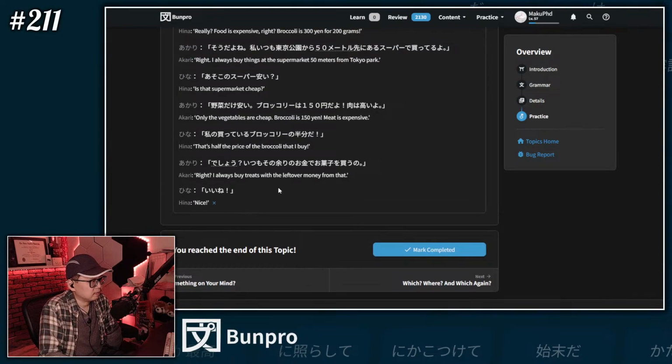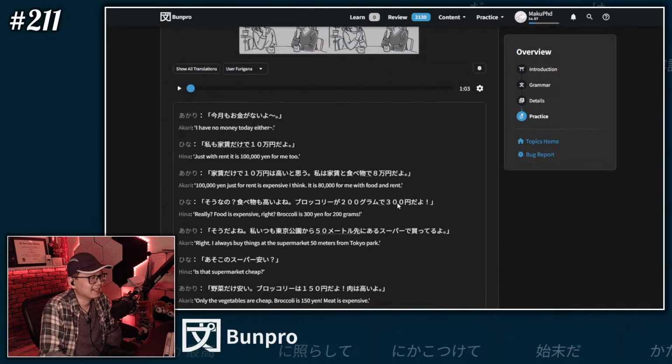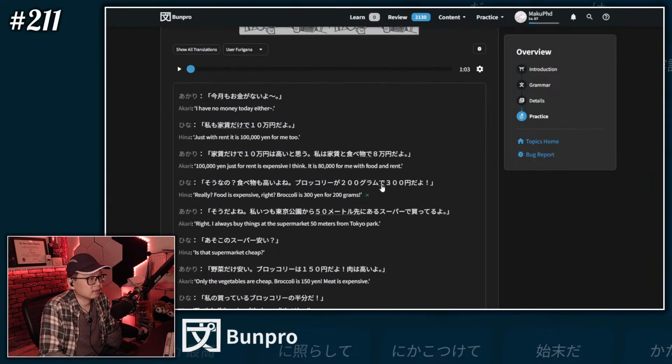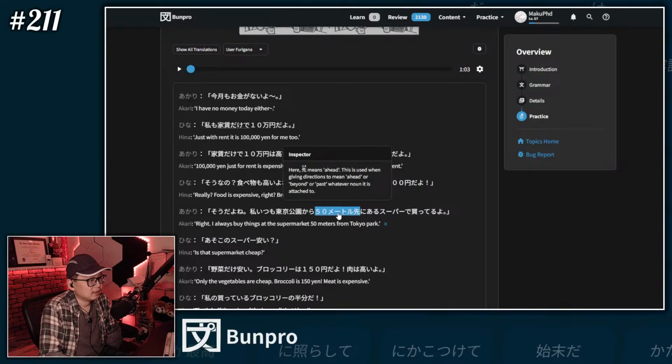And then, nice. So this is also slightly tough as well. Wait, what is the inspector for? Saki means ahead. This is used when giving direction to mean ahead or beyond or past whatever noun it is attached to.